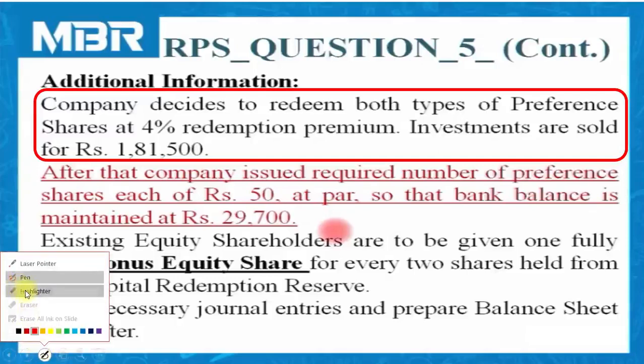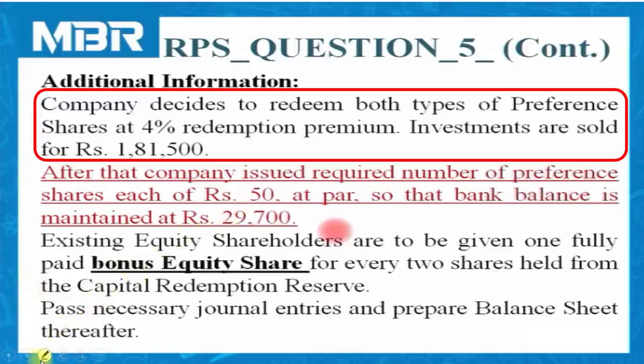If you focus on these particular information, you can easily judge that at the end of the redemption process, we need to maintain bank balance of rupees 29,700. So this question is similar to the question discussed by me in last lecture. How many numbers of preference shares issued by the company? That we will decide based on our calculation.